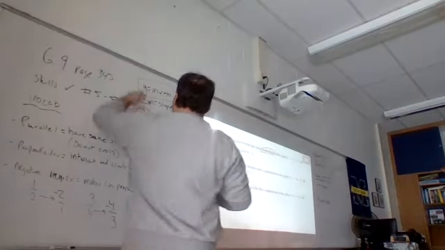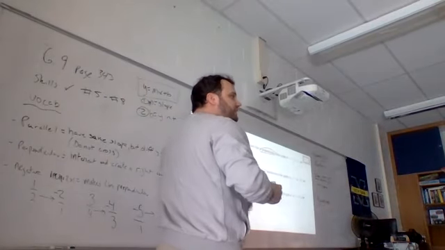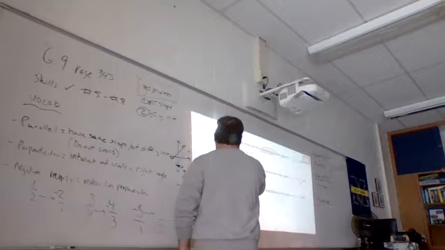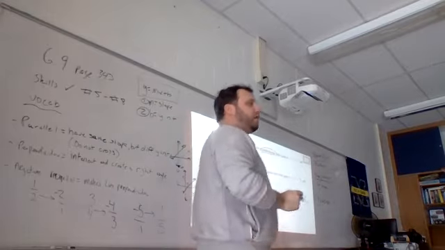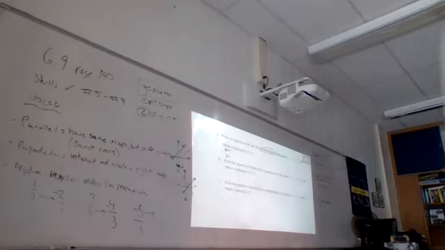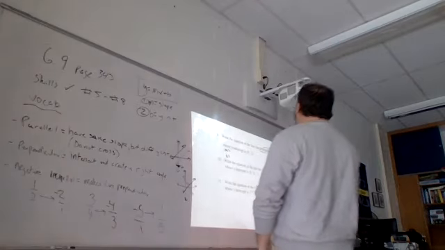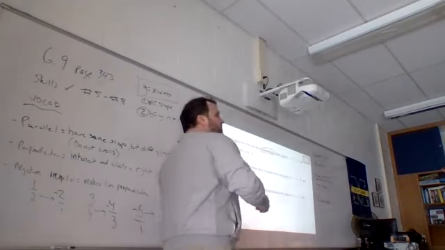Okay? So just like when I have parallel lines, I still need 2 things. I need m and I need b. m would be 1/2 if the lines were what?